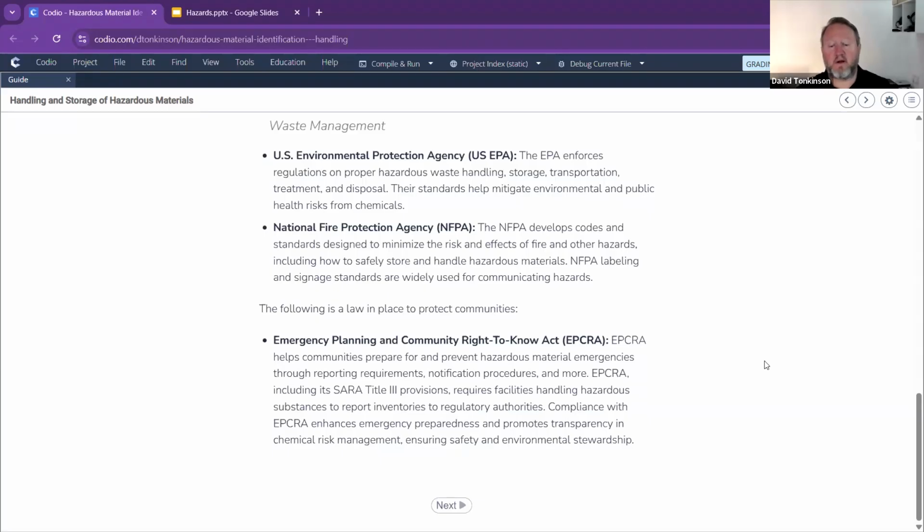And again, there are some following laws put in there for emergency planning and community rights to know. So this is the EPCRA. This helps plan for emergencies that you may have. For example, if your data center happens to catch fire, what are the emergency procedures? If there's an explosion because some of your batteries go up in smoke, what do you have to do then?